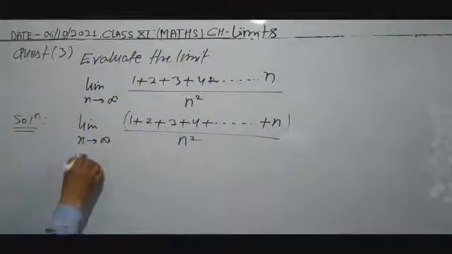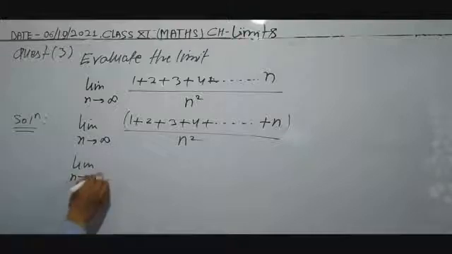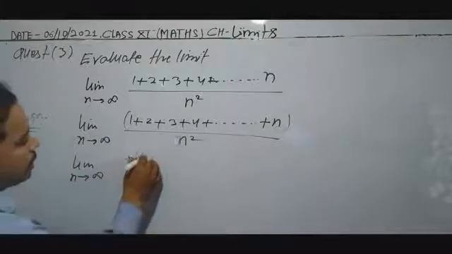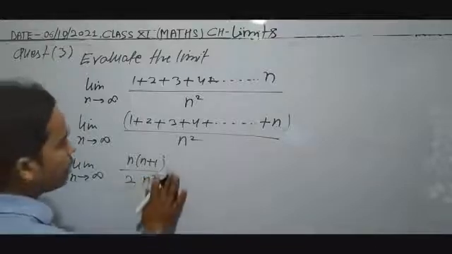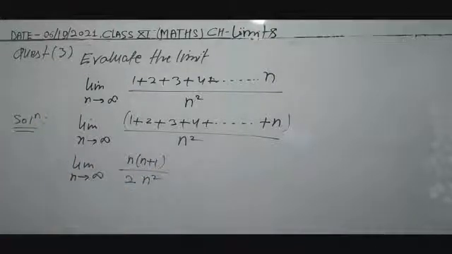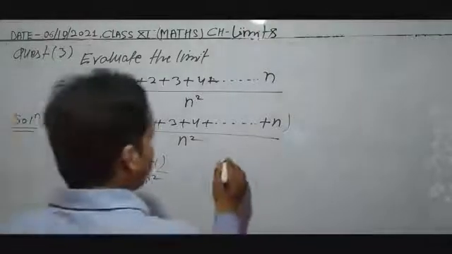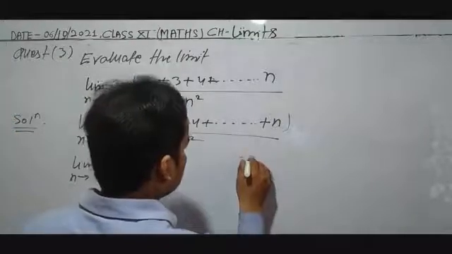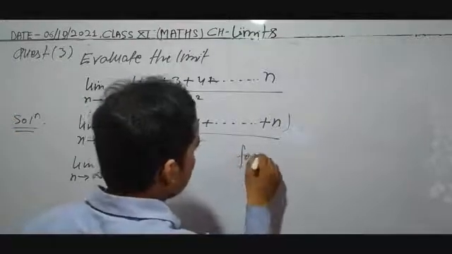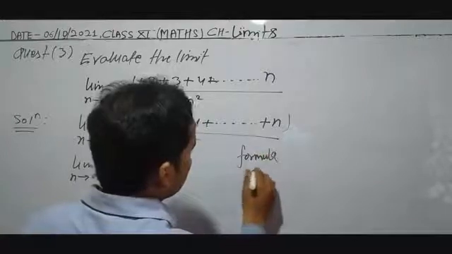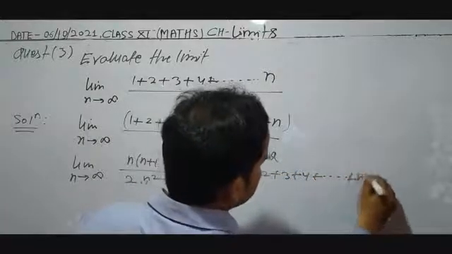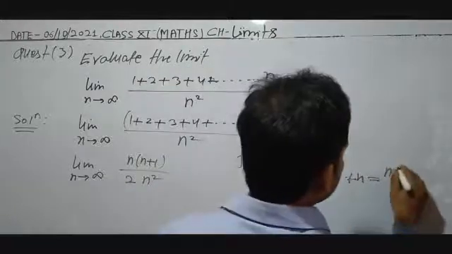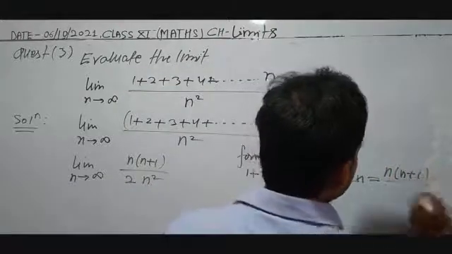Its result we can write as limit n tends to infinity of n plus 1 whole upon 2 times n square, and you know its formula: 1 plus 2 plus 3 plus 4 plus up to n, the result is n plus 1 by 2. This is the formula.